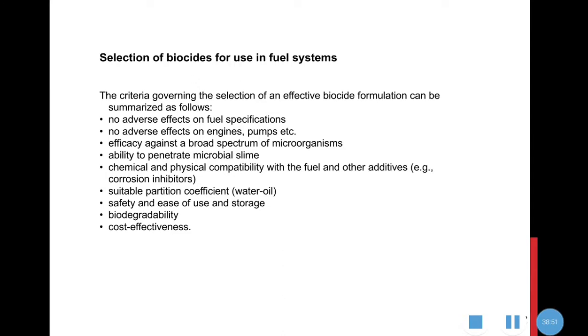Then boleh baca kat situ lah cost effective, biodegradability, biocide yang kita guna tu, safety and ease to use and storage, okay, suitable partition coefficient between water and oil, kita boleh tengok kat situ, and chemical and physical compatibility with the fuel and other additives, contoh corrosion inhibitor.